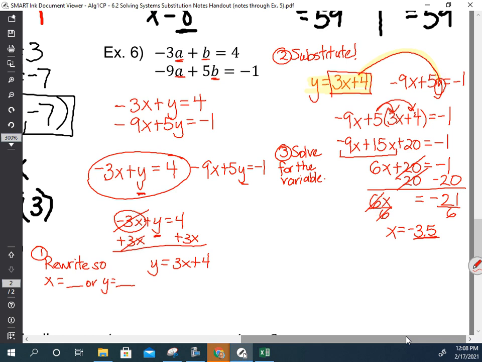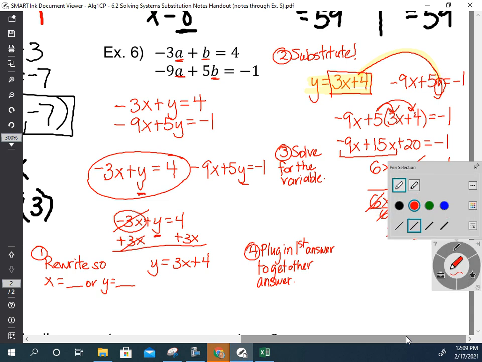So now that we know that x is equal to negative 3.5, what can we do with it? Step 4 is plug in the first answer to get the other answer. So, we have several options to use.